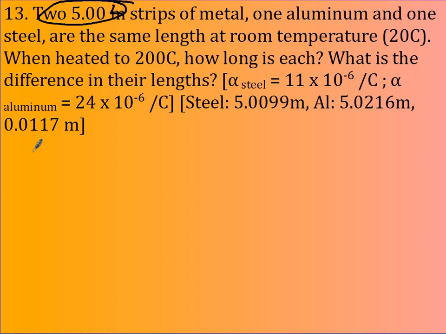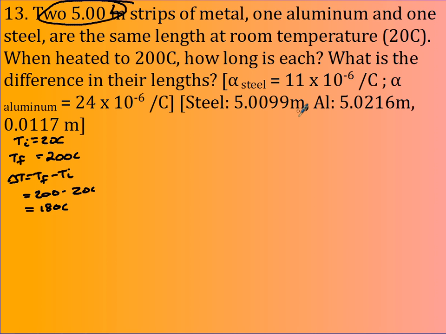So let me do this first. T initial is 20 Celsius. T final is 200 Celsius. So delta T is T final minus T initial, so this is 200 Celsius minus 20 Celsius, or 180 Celsius.